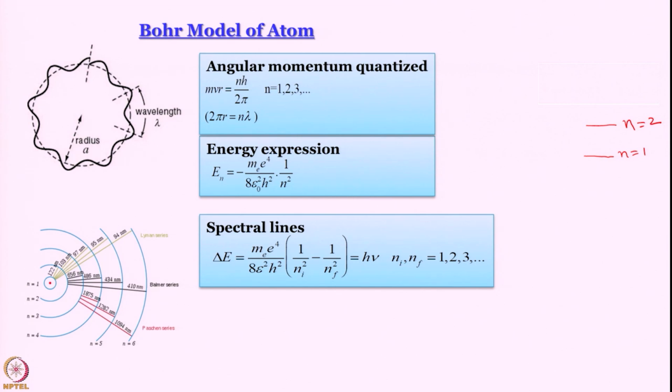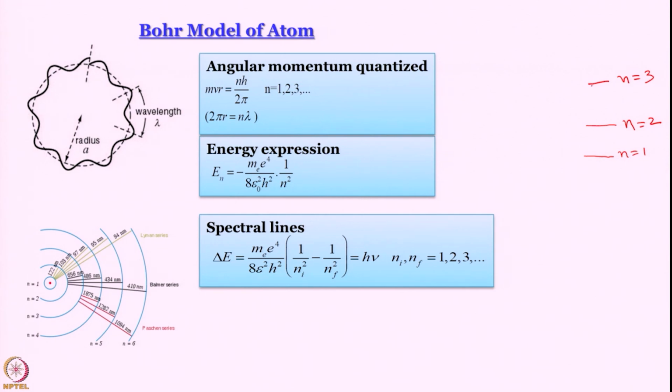Remember there is a minus sign, so it will actually go up and the proportionality will be 1 by n square, 4 times. And then we have n equal to 3. So, these are the different energy levels that are there, and it is constant multiplied by 1, constant multiplied by 1 by 4, constant multiplied by 1 by 9 and so on. So, these are the stationary states.